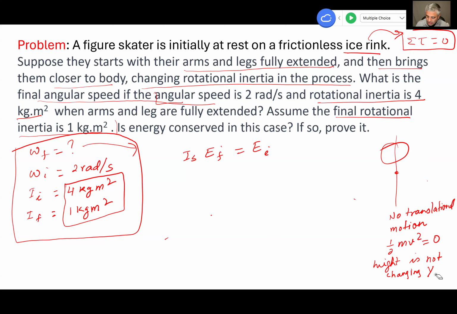So m g y initial and m g y final are both the same, so that's going to be 0 if we choose the reference right there.